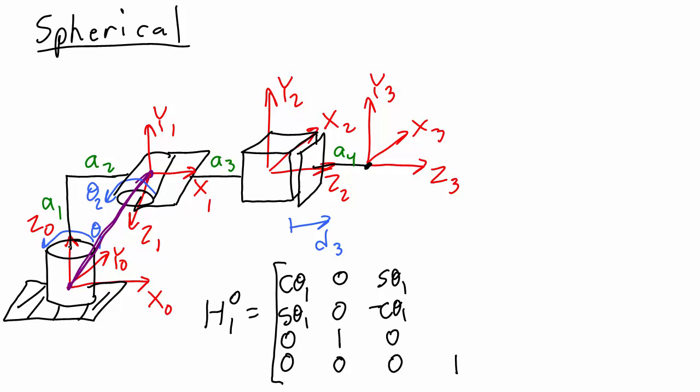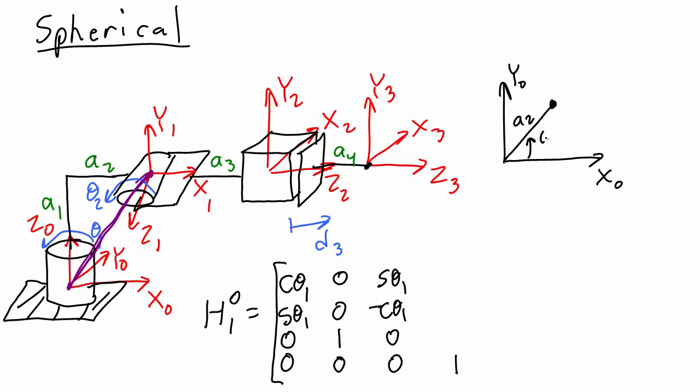So if I imagine looking at this from the top, we can see that what we'll get is a triangle where here's x0 and here's y0. If I'm looking at this from the top, that's how these axes will look. And then here is A2, and this is the center of frame 1.